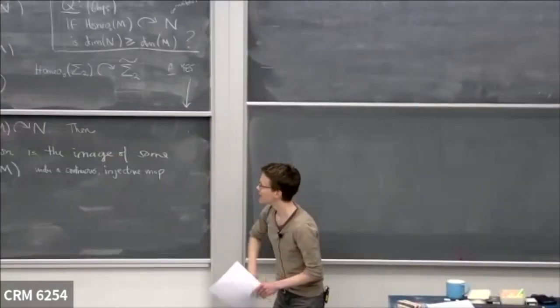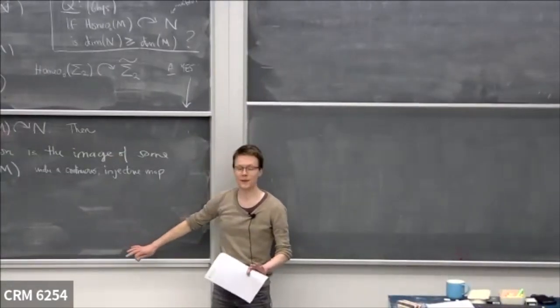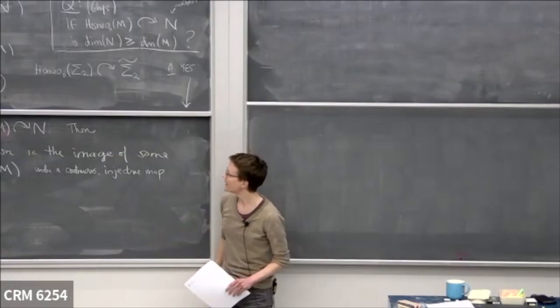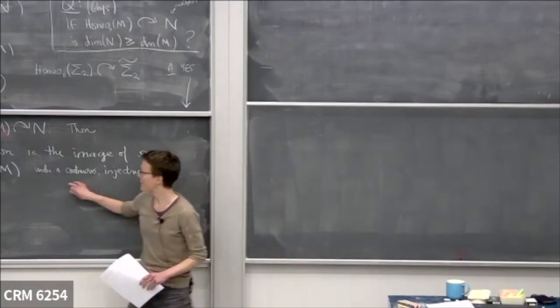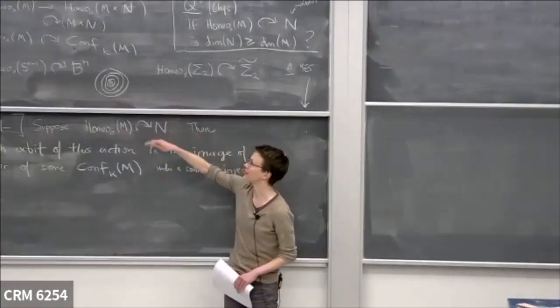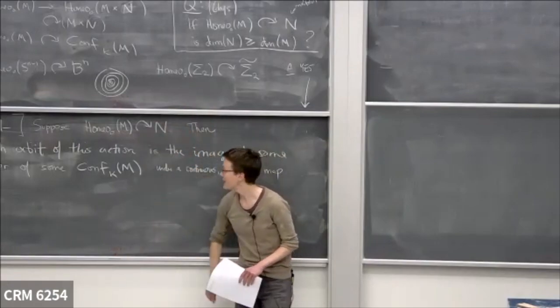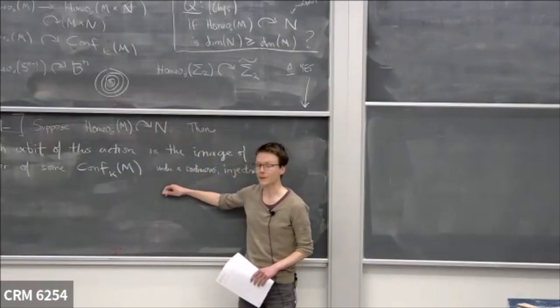So that tangential remark is to give you a sense that this theorem has various consequences where you can start classifying these actions, now that you know what the orbits look like.